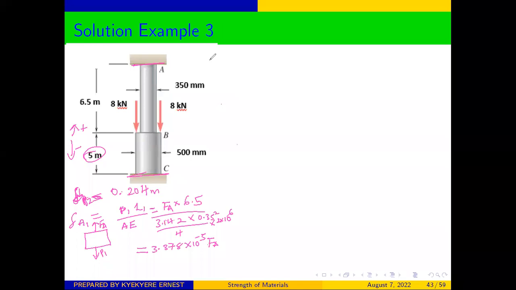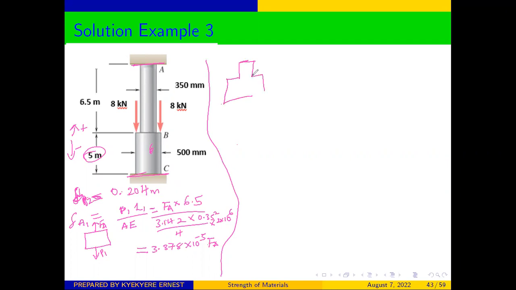So once you have been able to do that, we can just draw for the second portion of the deformation as a result of this, which is the bigger diameter here. So in that case, our force diagram is going to be like this.